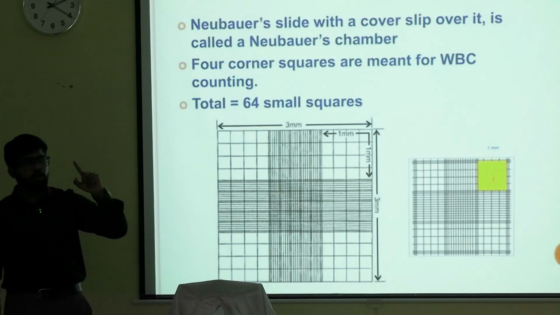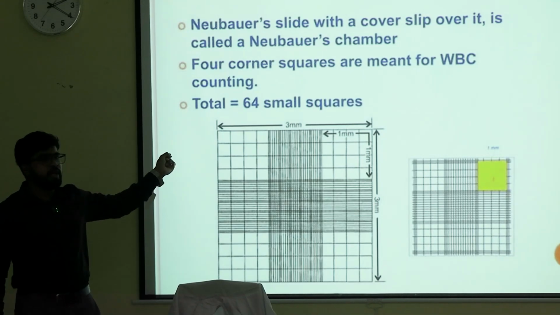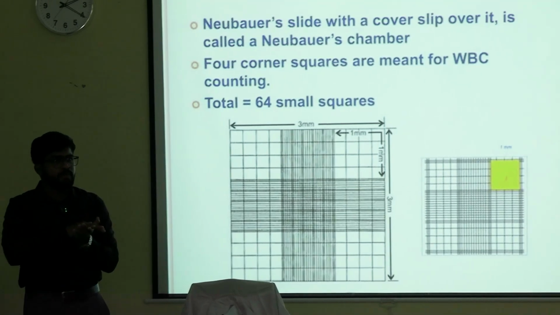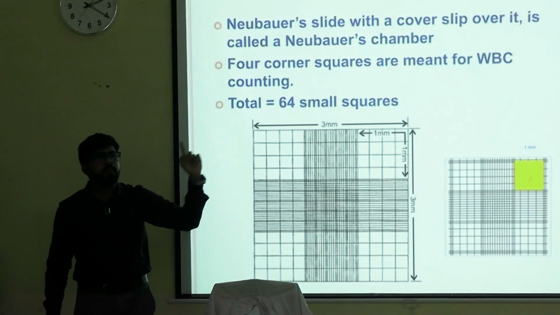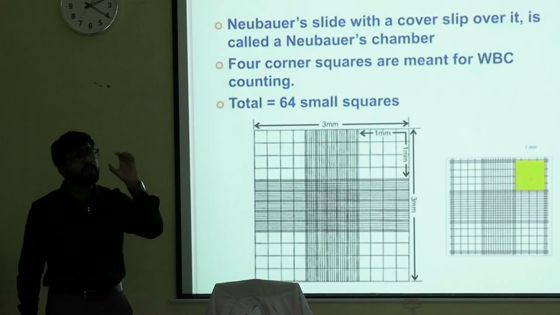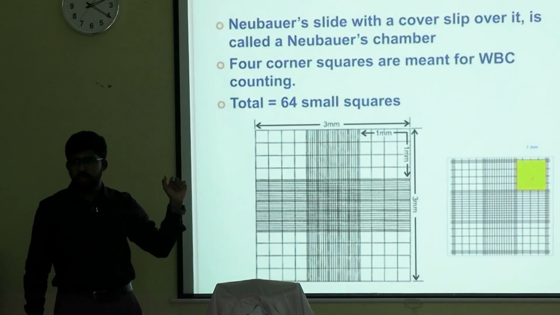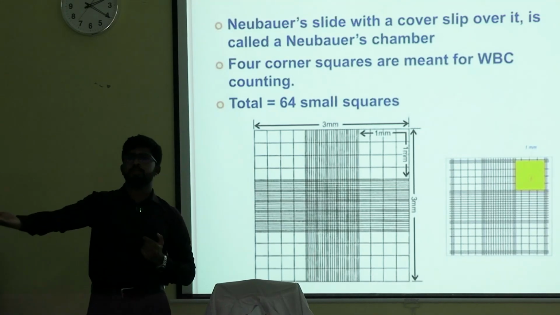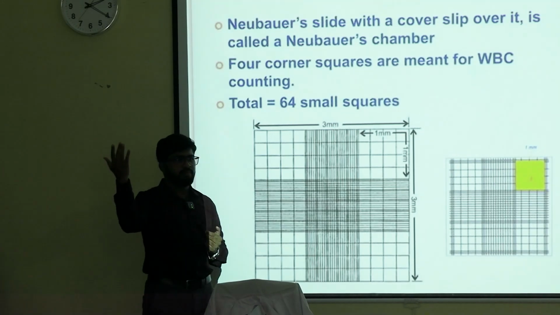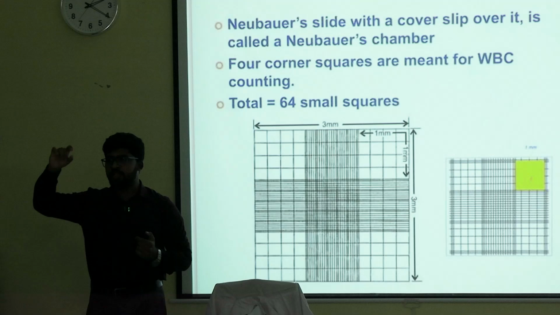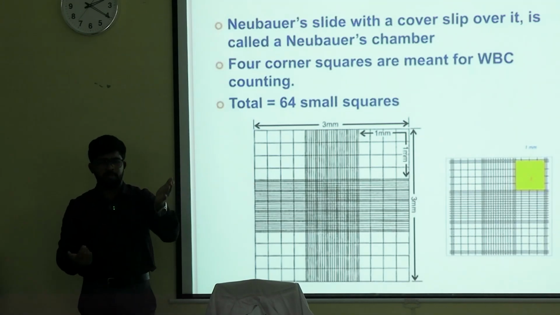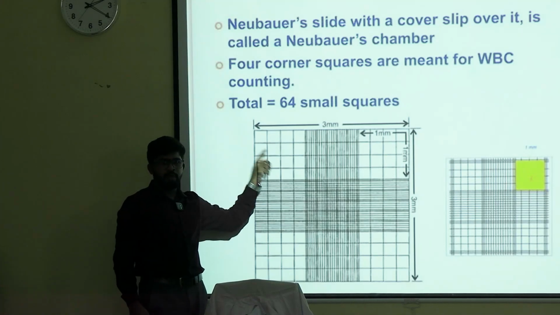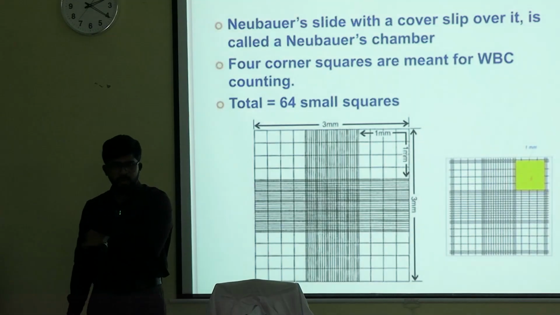So what will be the volume of the diluted fluid in this area, once you put the cover slip? 1 mm into 1 mm into what is the height of the chamber? The depth is 0.1 mm. So the volume of the fluid will be 0.1 cubic mm.